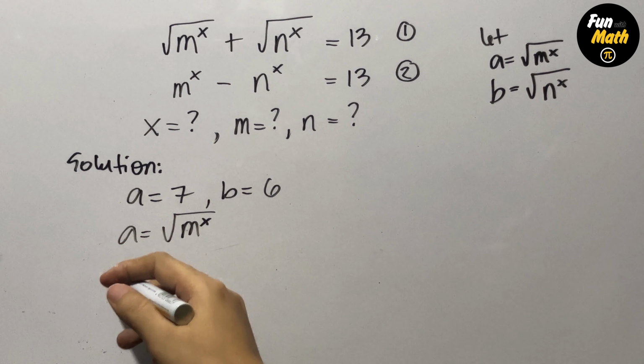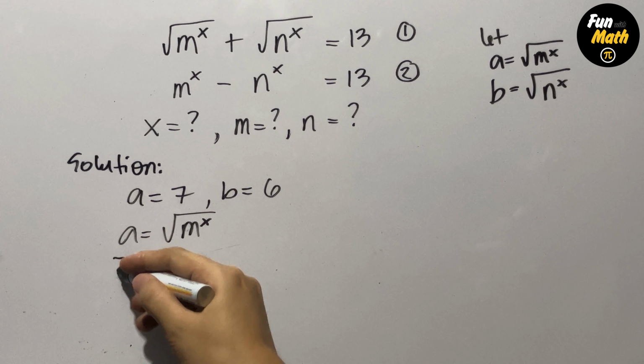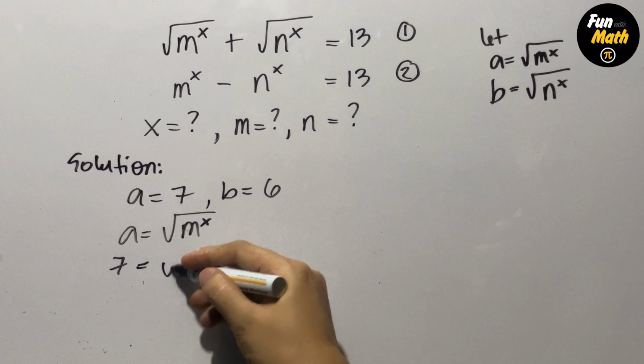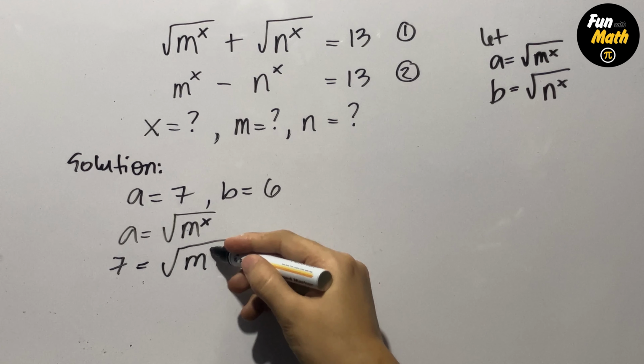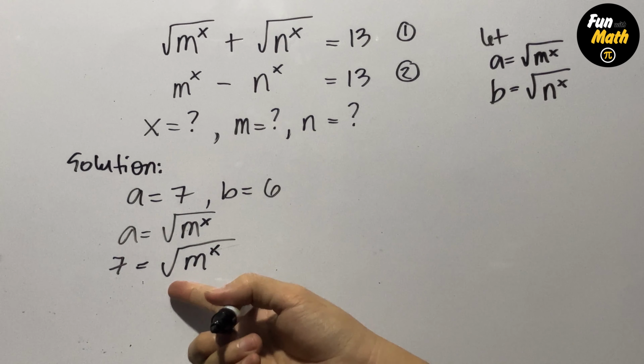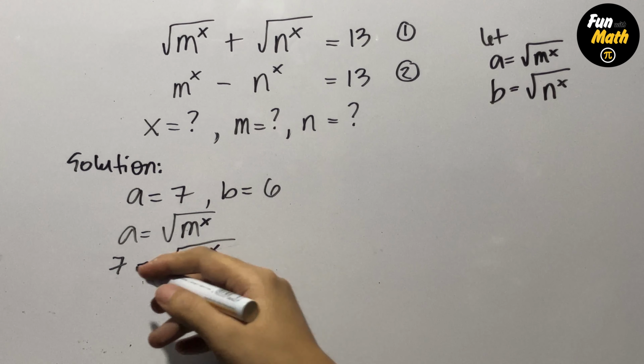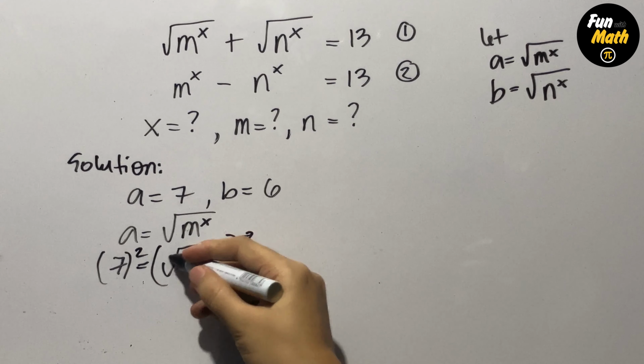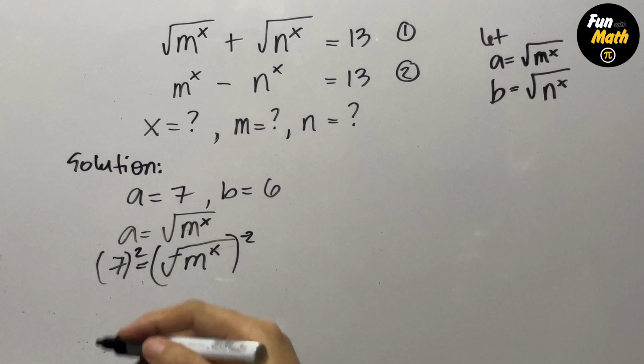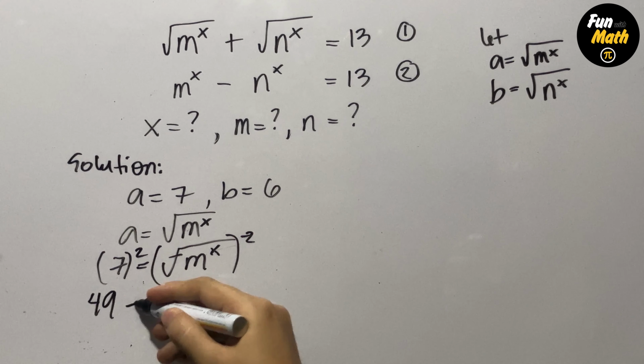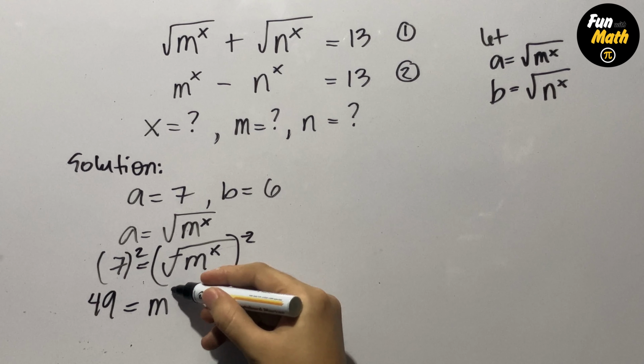For this, we replace with 7. So 7 equals square root of m to the power of x. For this, let's remove the radical by squaring both sides. So now this is cancelled. We're left with 7 squared, that is 49, equals m to the power of x.